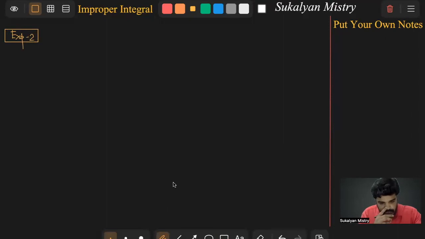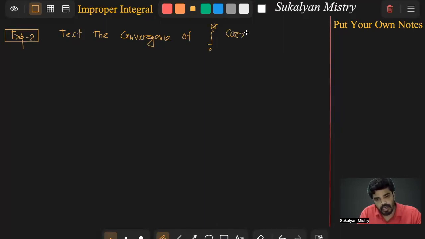Test the convergence of integration 0 to infinity cos x divided by 1 plus x square dx. Answer: what is the integrand?